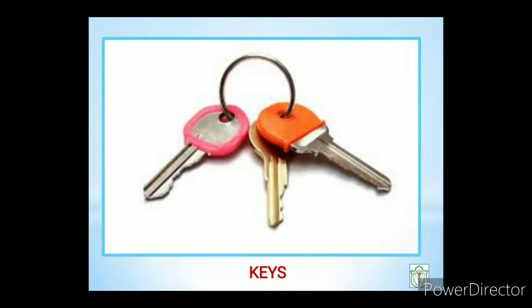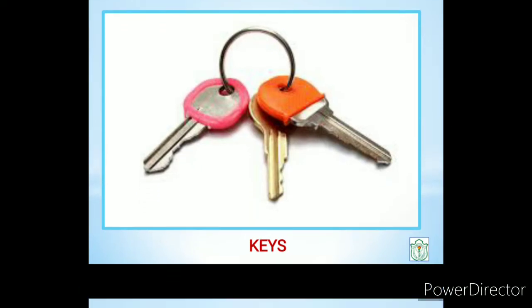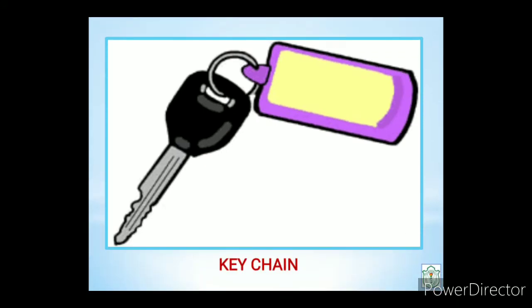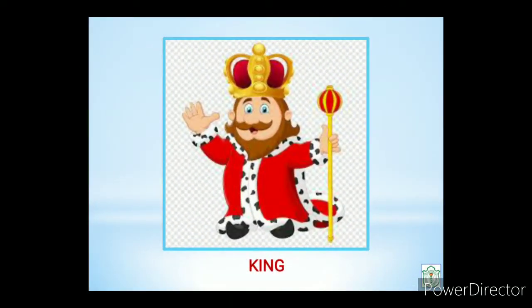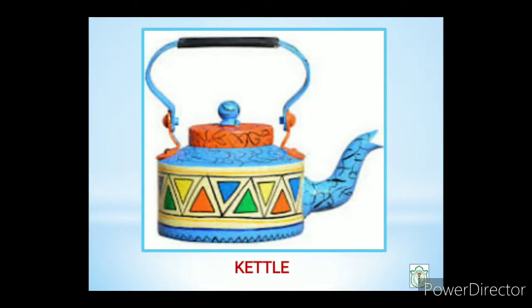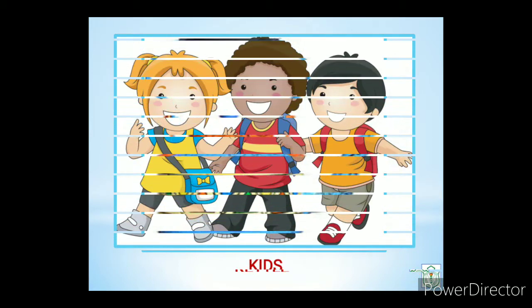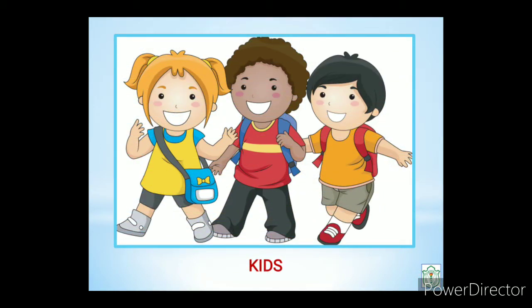So this is keys. K, K, keys. K, K, keychain. K, K, king. K, K, cattle. K, K, kids.